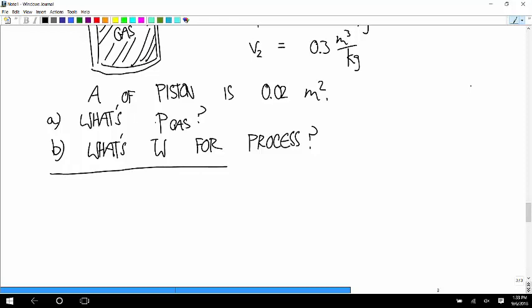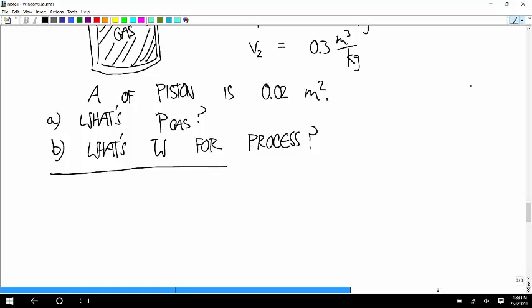Okay, so first, what's the pressure of the gas? Anyone have an idea of how to calculate that? If you know something about the gas, you might be able to use properties of the gas to do it.